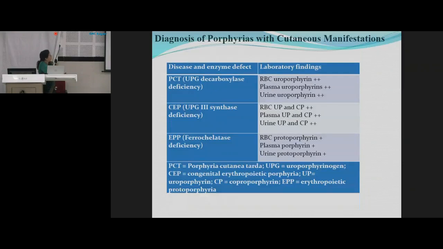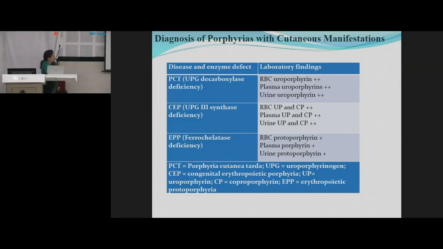In case of porphyria cutanea tarda, RBC uroporphyrins are present, plasma uroporphyrins will be present and urine uroporphyrin will also be positive. In case of CEP, RBC uroporphyrin and coproporphyrin will be positive, plasma uroporphyrin and coproporphyrin will be positive and urine uroporphyrin and coproporphyrin will also be positive.